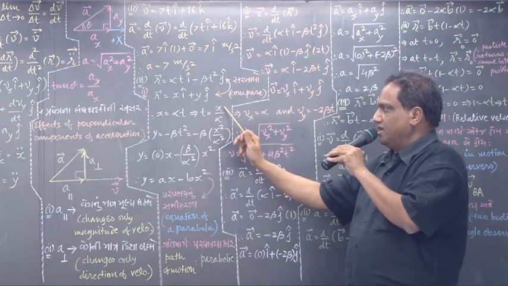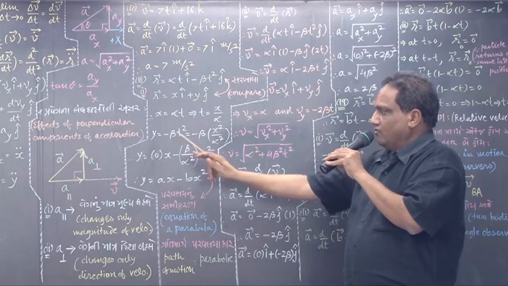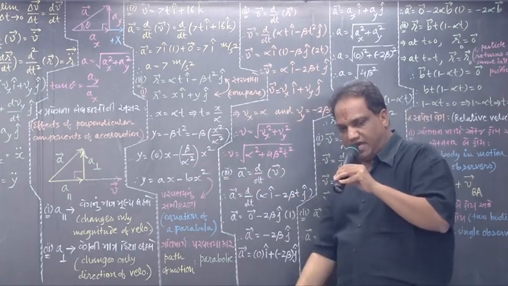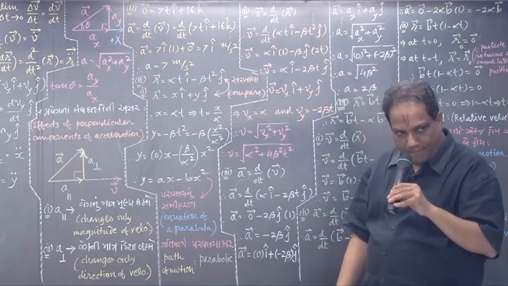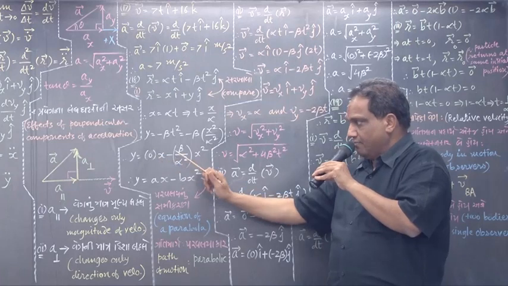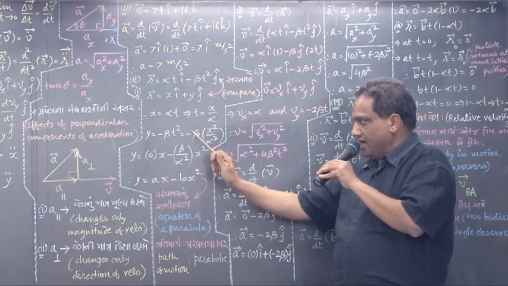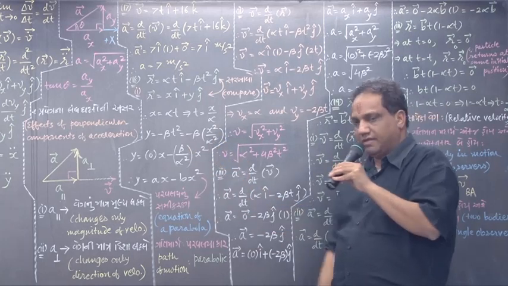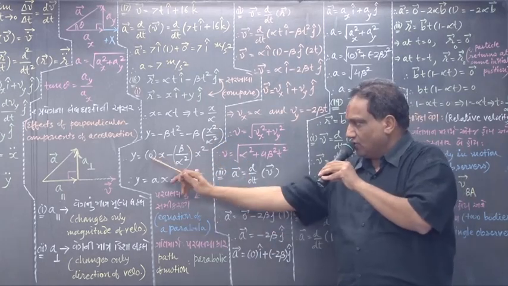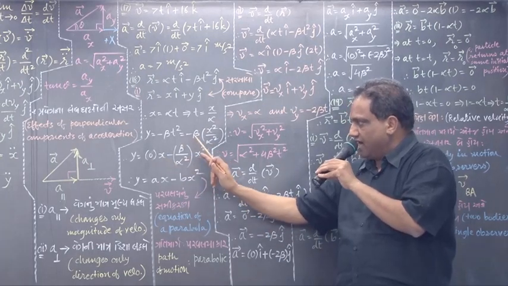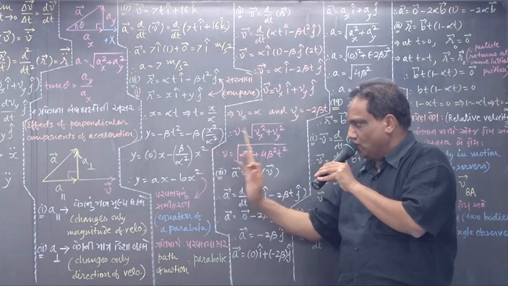So y equals minus beta into x square upon alpha square. Can I rewrite this as 0 into x minus beta upon alpha square into x square? Because 0 into x will be 0 only. So here I can write 0 into x minus beta upon alpha square into x square.